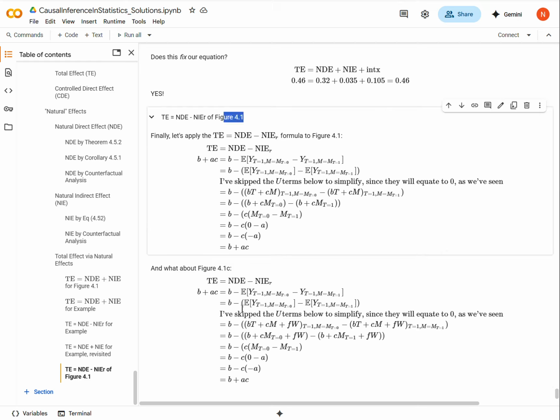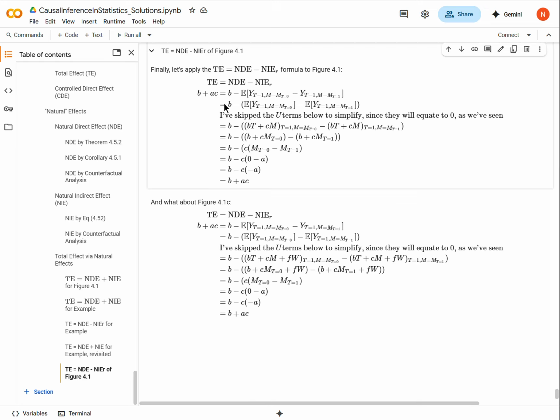The non-confounded case up here and the confounded case down here. Let's apply counterfactual analysis to all this. We know that total effect has to equal this, right? We already found that, and NDE is B. We already know that. Now we just have to find NIE sub r here.